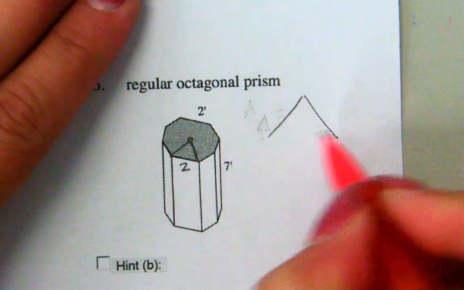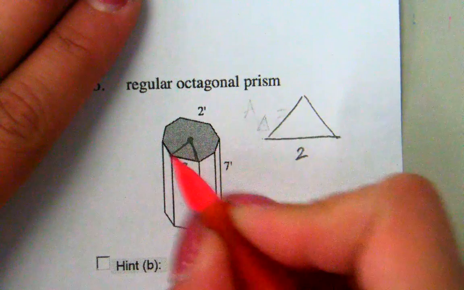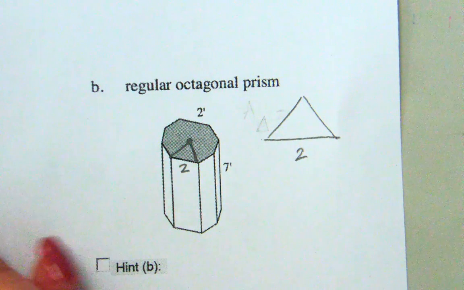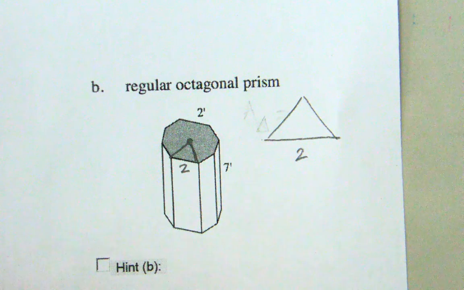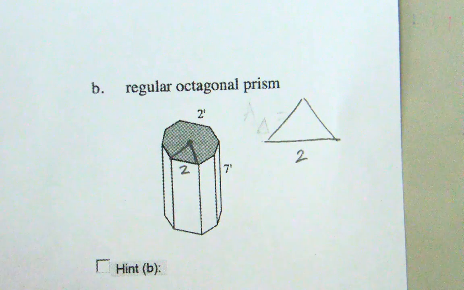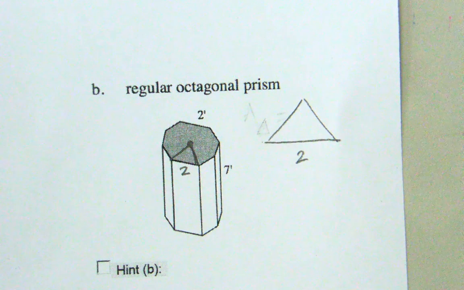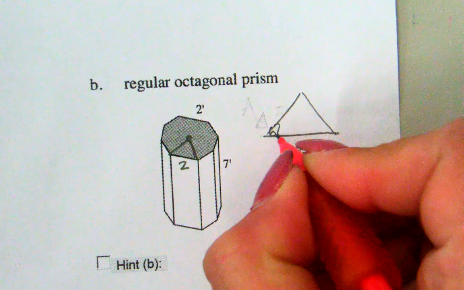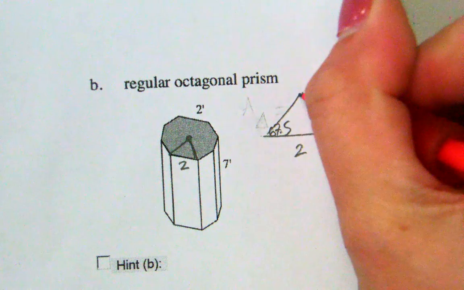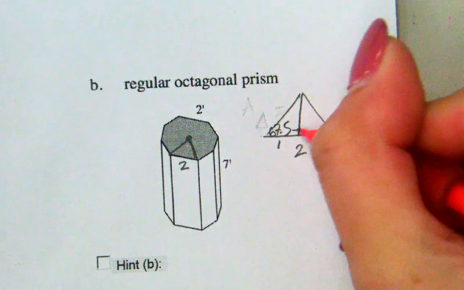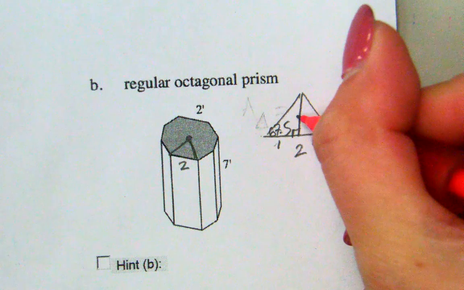All right, I'm just going to take this triangle and blow it up. So that's a 2. This is an octagon, so 8 minus 2 is 6, times 180 is 1080, divided by 8 is going to be 135, so each angle is 135. Divided by 2 is going to be 67.5. The height of this thing, that's 1, so what is tangent?